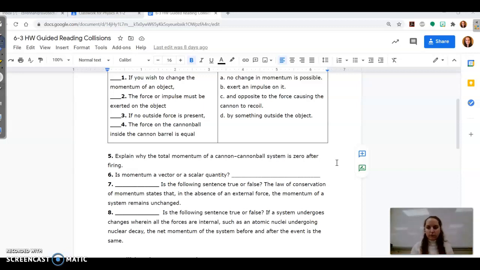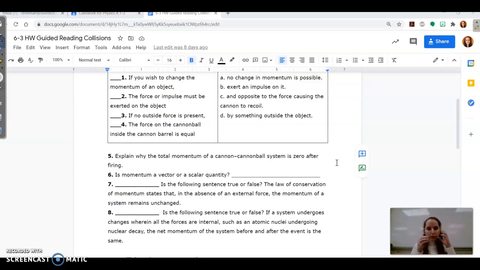So the forces that are causing the motion in this system are within the system itself. Okay, so when there's no external forces acting on the object, then the change in momentum is going to be the same before and after. Okay, so this is how we get this idea.